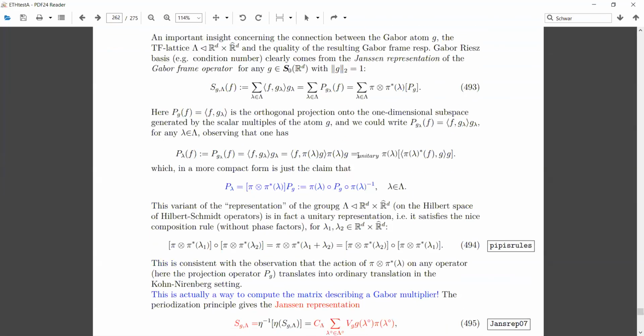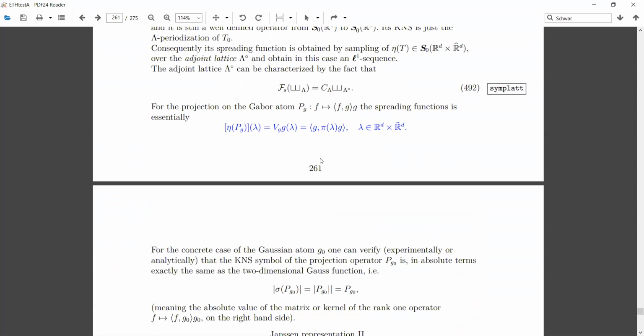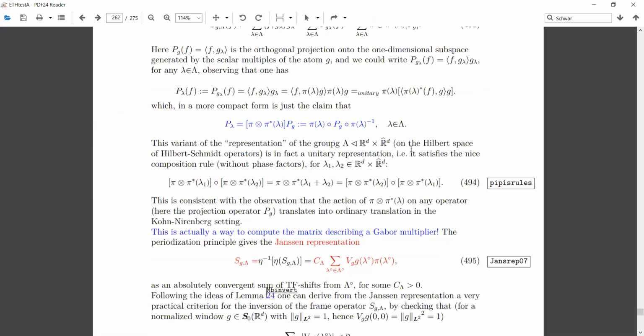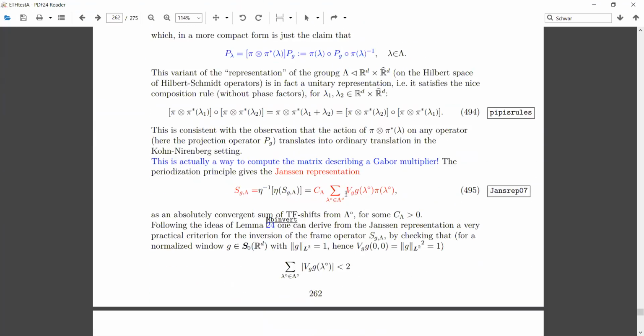So I've just mentioned here that the spreading function of the original building block is just the short-time Fourier transform, and so the V_g g actually, the autocorrelation, and therefore you have to take the V_g g and sample it at the adjoint lattice. So this is a very important formula and gives you a lot of structure, and actually it's valid not only for separable lattices, but also for oblique lattices also.